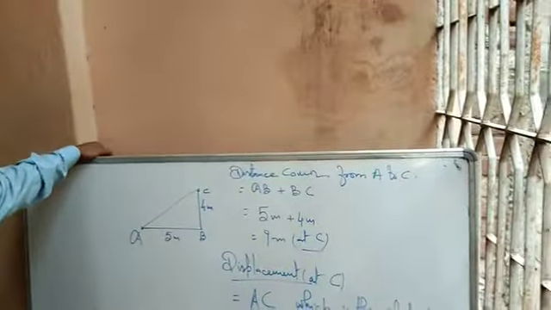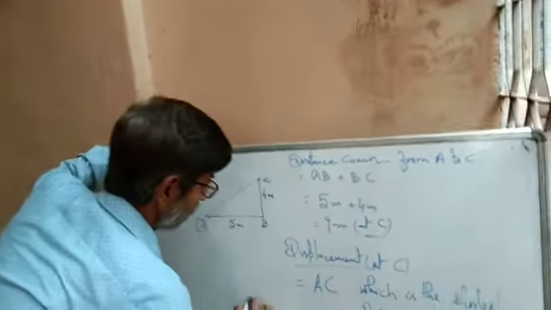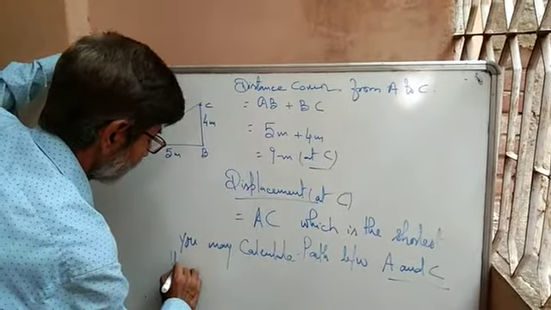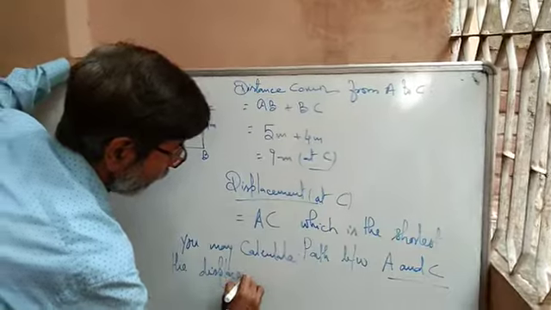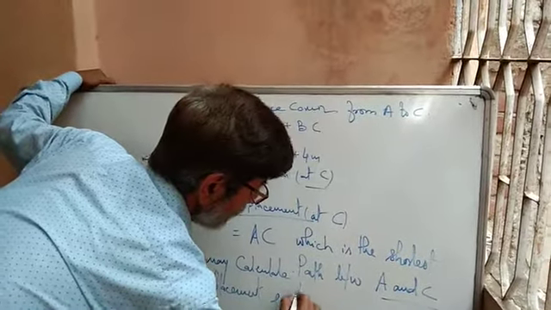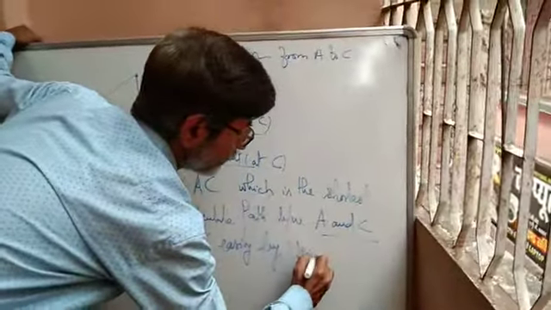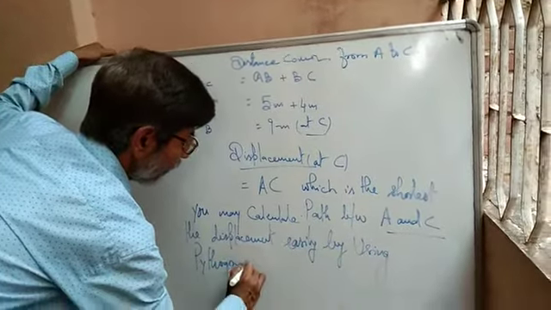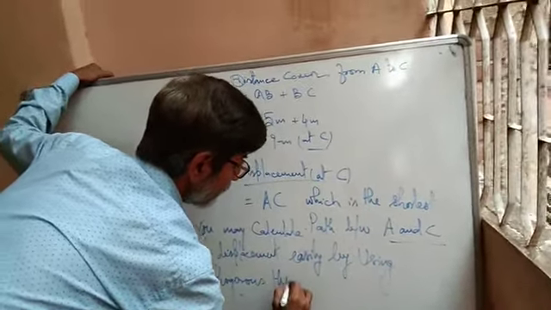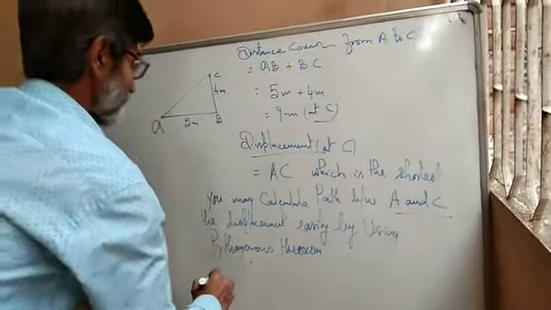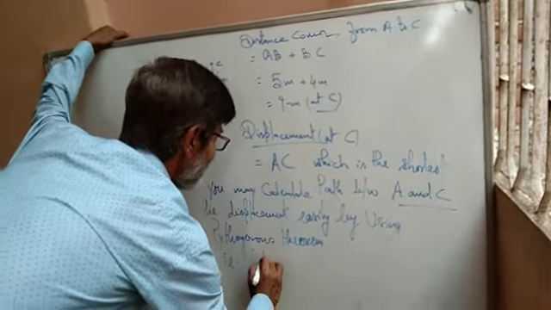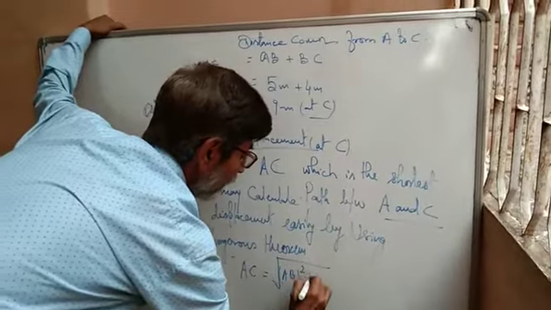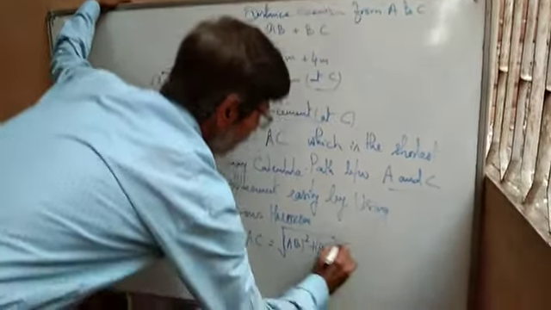You may calculate this by using Pythagoras. You may calculate the displacement easily by using the Pythagoras theorem, that is, AC is equal to root over AB whole square plus BC whole square.